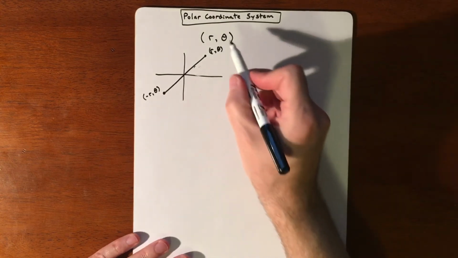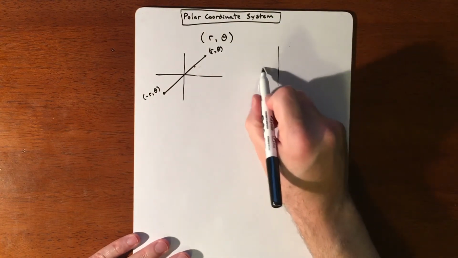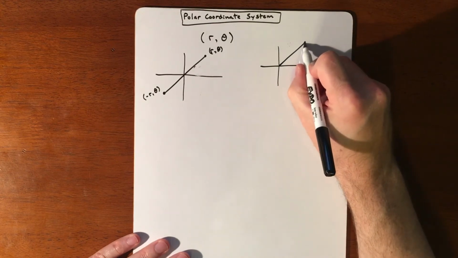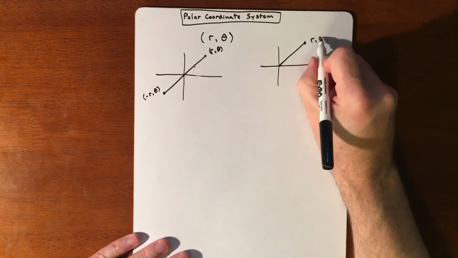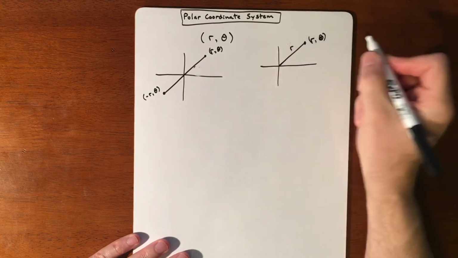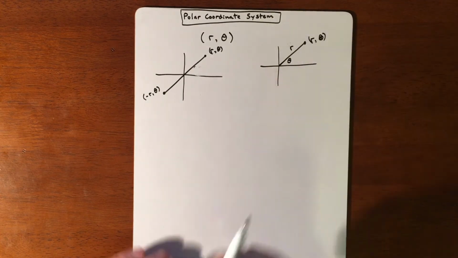So there's definitely a connection between polar and rectangular, and it goes with this idea that when you are at this point, r, theta, that r refers to the radius, and your theta is an angle out.